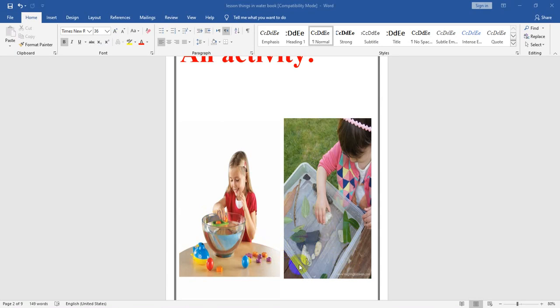Put these things in water. You will see that there are things which float on water surface, such as leaves of trees and plastic toys. And there are other things which sink in water, such as coins and rocks.